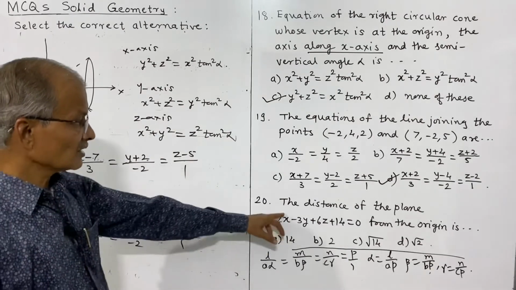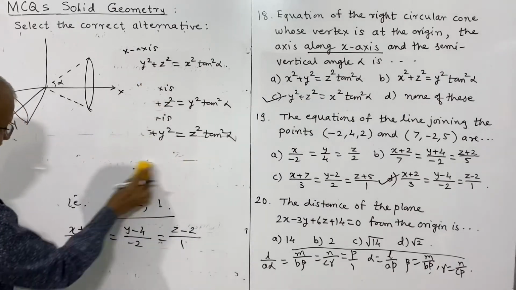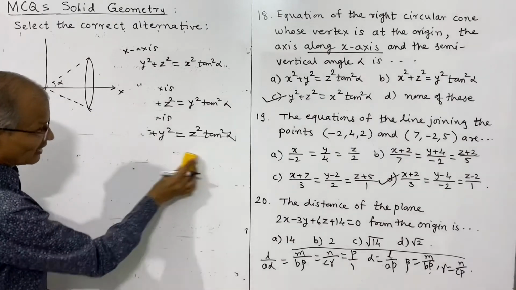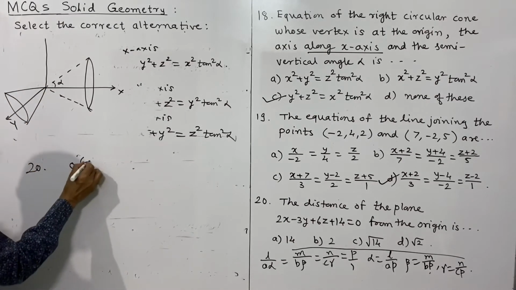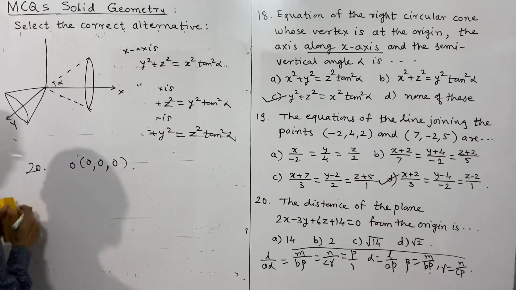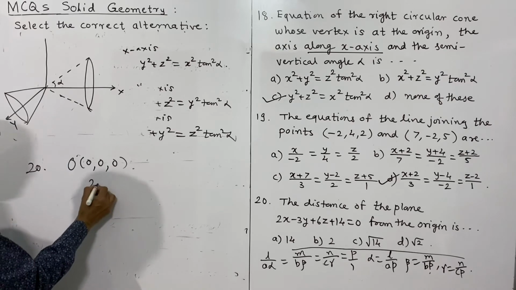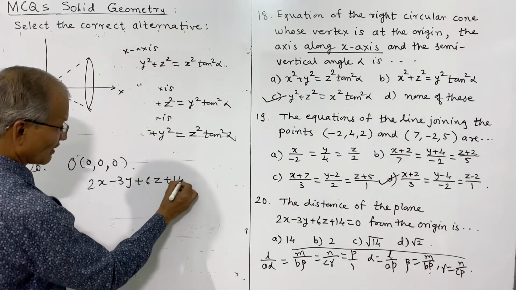Next is the distance of this plane from the origin. There is a standard formula for the distance of a plane from a point, and for the origin the coordinates are 0, 0, 0. The plane's equation is 2x minus 3y plus 6z plus 14 is equal to 0.